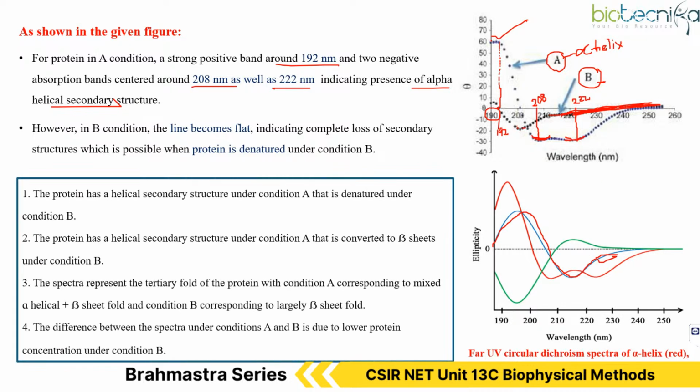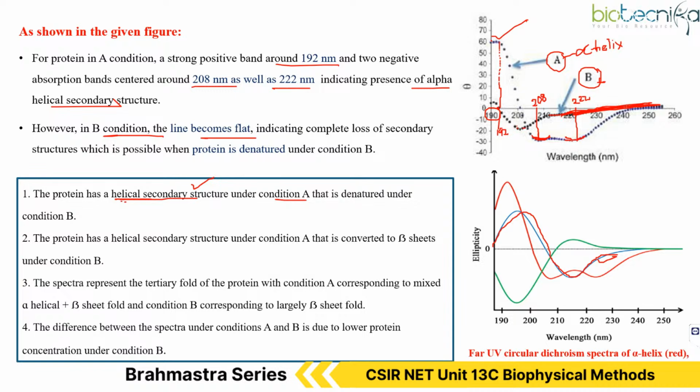If we go through the statements given, the protein has a helical secondary structure under condition A. Absolutely right. Alpha helix is a secondary structure. But it is denatured under condition B, where the line becomes flat. So you cannot say that B is beta.